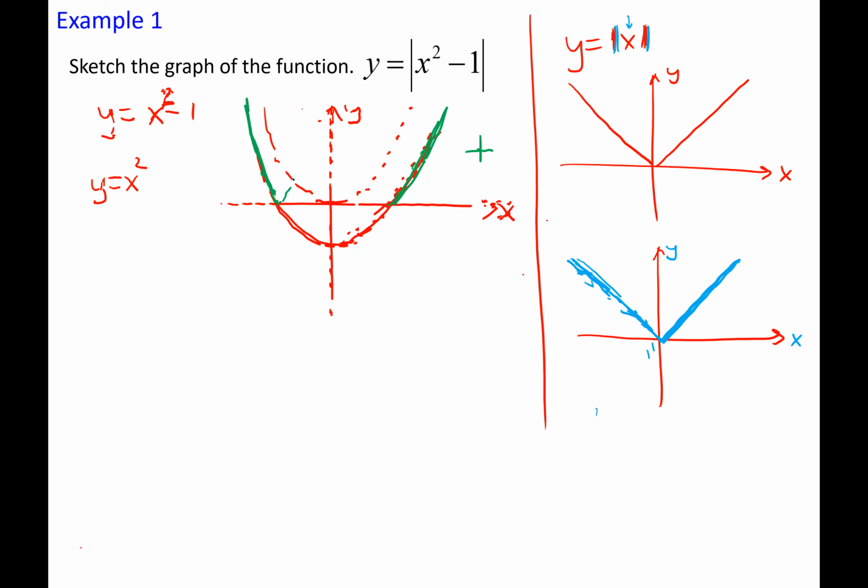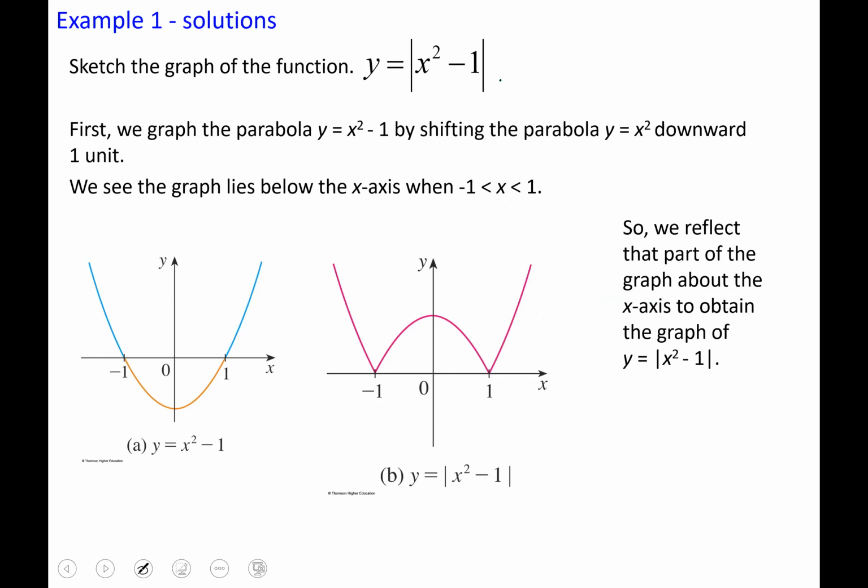That means I will reflect this and draw it above. So this positive part stays and the negative becomes positive. And this green graph is the graph of my function. That's the way to draw an absolute value placed on the entire y value. Okay, and you have a nice solution. I typed it for you.